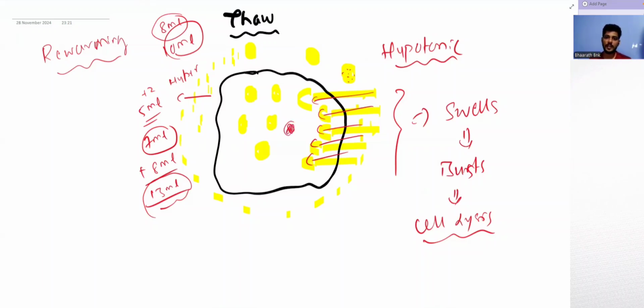So whatever fluid has entered inside is still forming ice. It means that at a moment when you are rewarming, when the extracellular ice is being broken down into fluid, there is still intracellular ice formation going on, and whatever fluid has been coming from out of the cell into the cell is contributing to this ice formation, and these ice crystals increase in number intracellularly, and more damage to the cell happens, right? So cell damage is also because of the damage to the organelle, and this is how a cell dies.